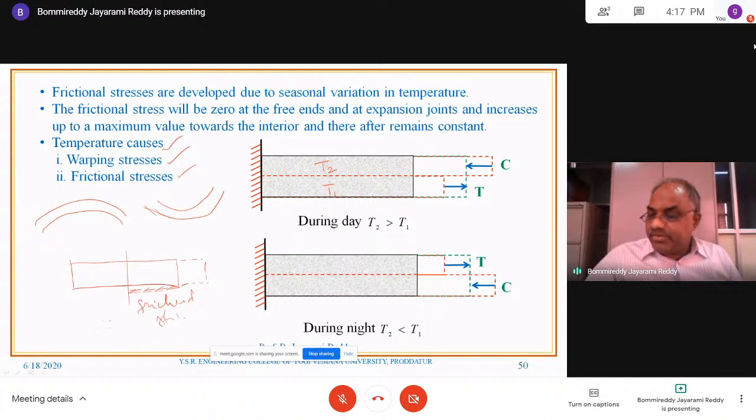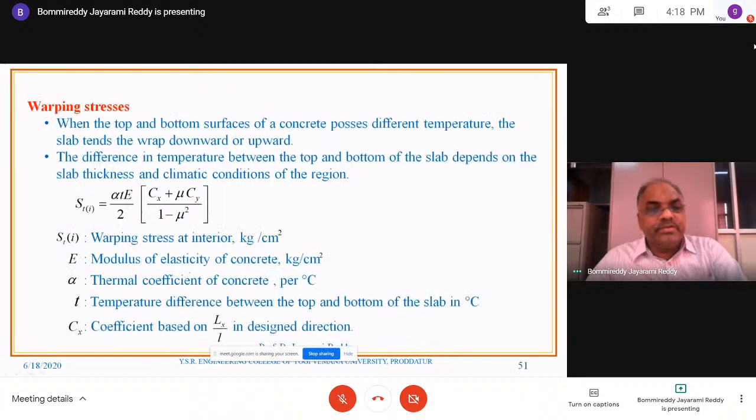The friction, the resistance offered between pavement and the subgrade, is trying to prevent the expansion, or is trying to prevent the contraction also. In such a case, frictional stresses will induce at the bottom. So here there are two different types of frictional stresses again. Okay, before that, we will come to later.